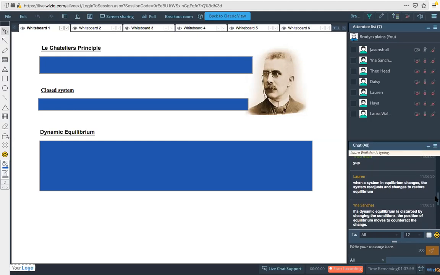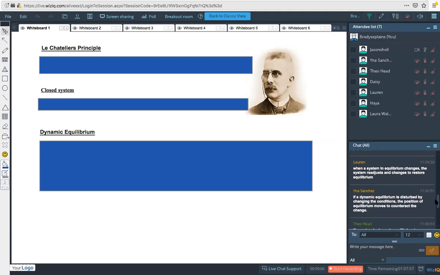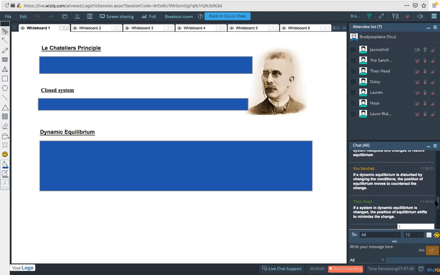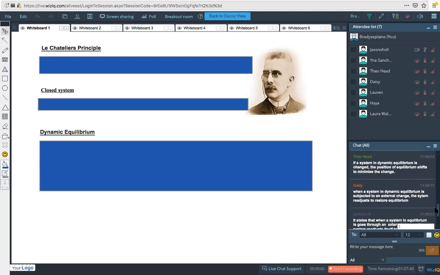You're definitely on the right track there, Lauren, absolutely right. Excellent. I like the fact you've said position of equilibrium. We should definitely be mentioning that. Spot on, Theo. I like that, Daisy. Rather than saying the system readjusts, which is true, you're definitely not wrong, I would say the position of equilibrium shifts.